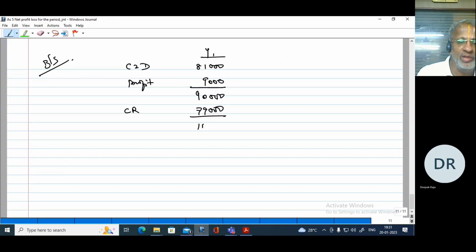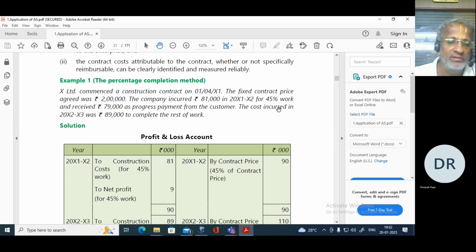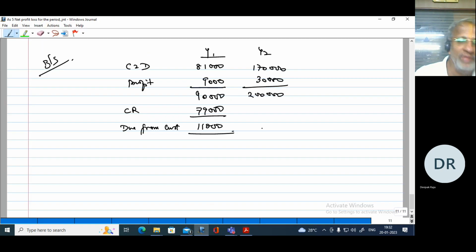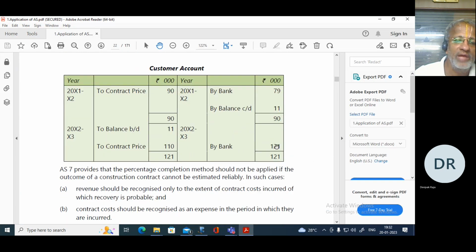So 11,000 due from customer. Year number 2, 2 lakhs. Profit is 30,000. Sorry, cost to date is 1 lakh 70,000. Revenue 2 lakhs. How much they have collected, they have not provided. Assuming that they have collected 1 lakh and 80,000, assume, so 20,000 is the balancing figure. They have collected in full.